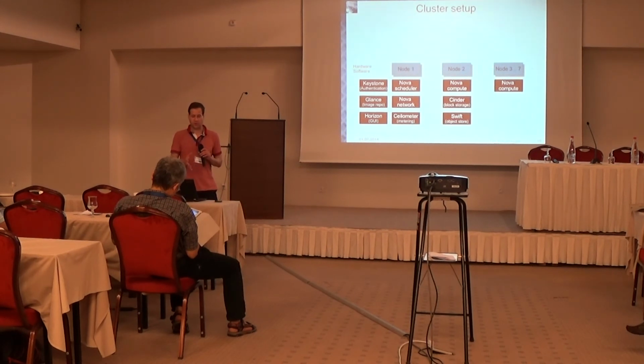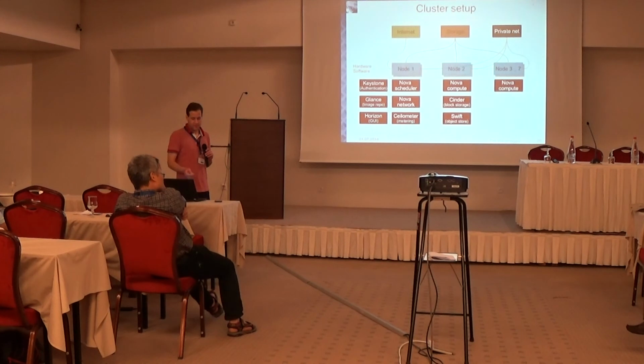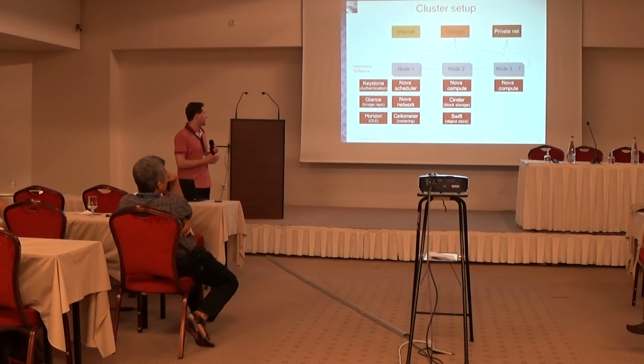Node 1 is the controller which runs all the other services that you need, like the Nova networking, the user interface, image repository, authentication mechanism. This then means that the setup of the network, for example, has to be adjusted to this. So if the network component runs on Node 1, this needs internet access.